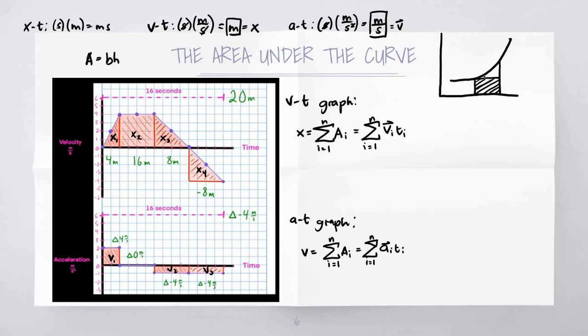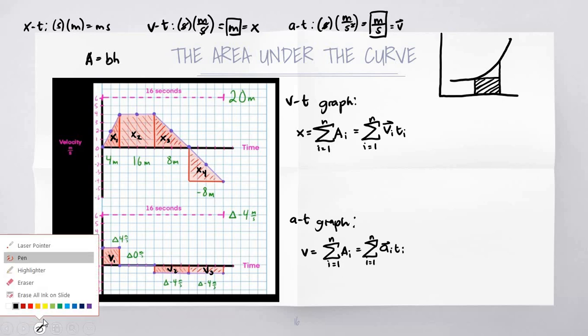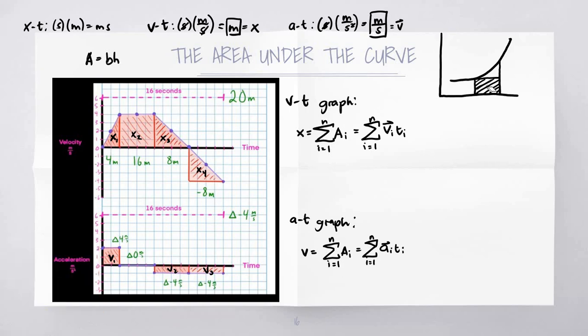But as for this one, this isn't a perfect triangle because it's curved on the part of the supposed hypotenuse of the triangle. Since it isn't a perfect triangle, it's a curved one, we can't really solve for the total area under the curve using that kind of approach.